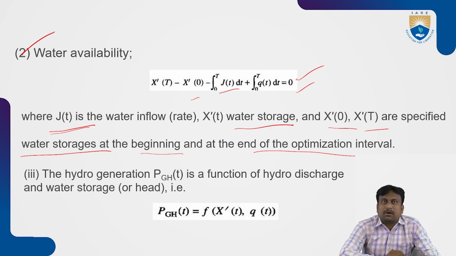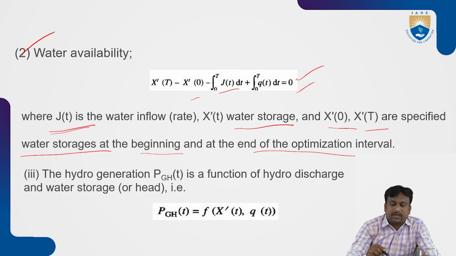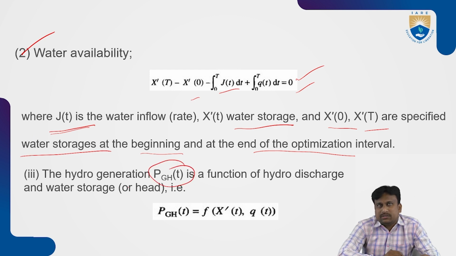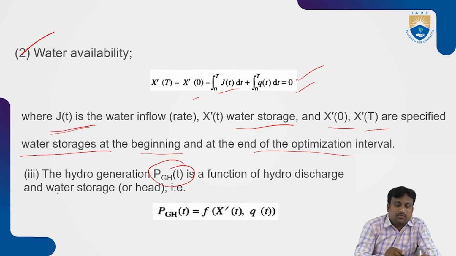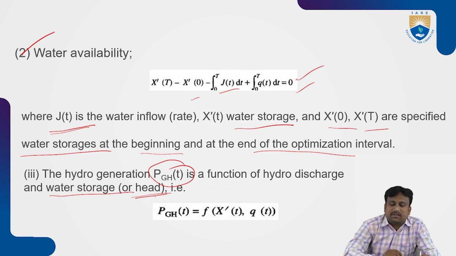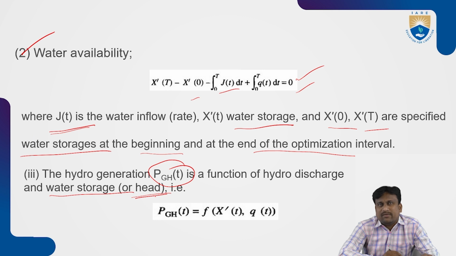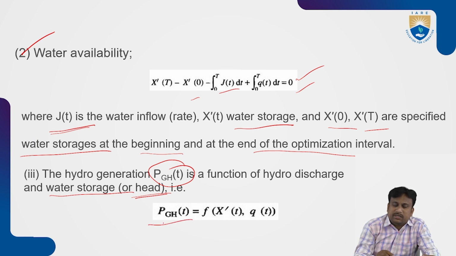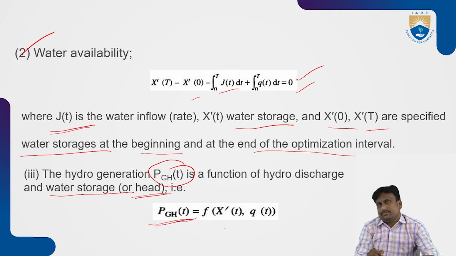So to make this process in hydro generation, PGH(t) is a function of hydro discharge and also water storage. It specifies the head of the water, the level of the water. That will be denoted as PGH as a function of time, that is f of x'(t), q(t). We already discussed x'(t) is the water storage.